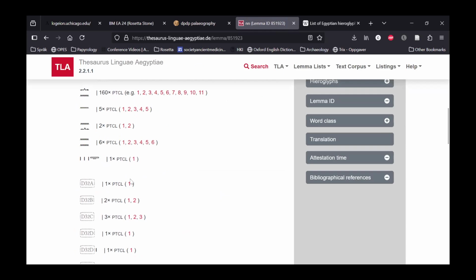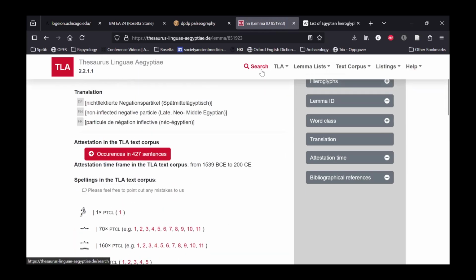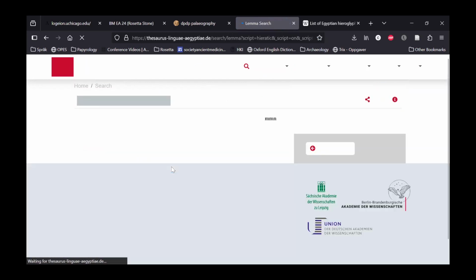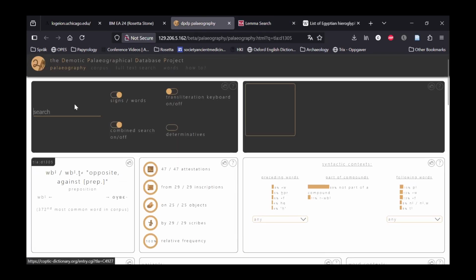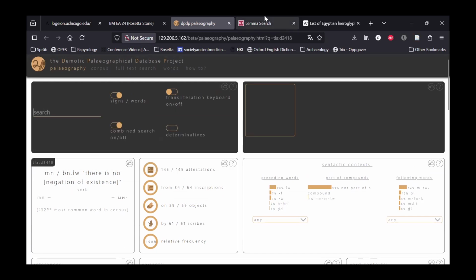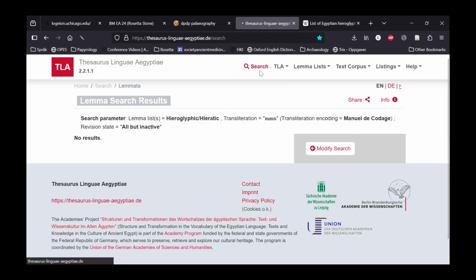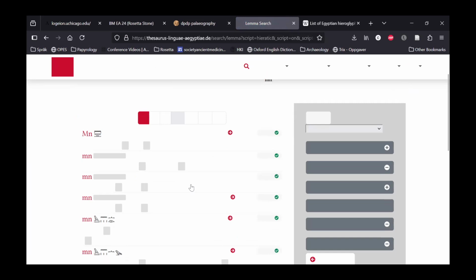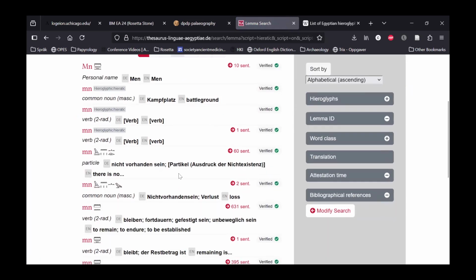It does have it here, but it's a very strange spelling. Emon. Yeah. And I think it would just be MMN, maybe? Just men. Oh, maybe men, you're right. It's just men. There it is. I see it. In 60 sentences. Okay.